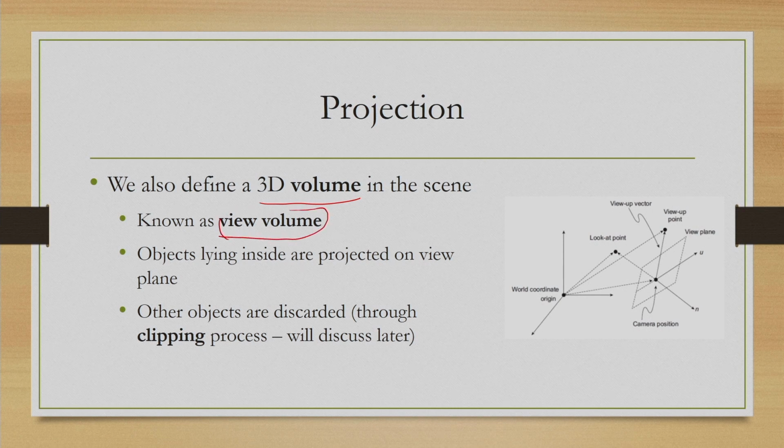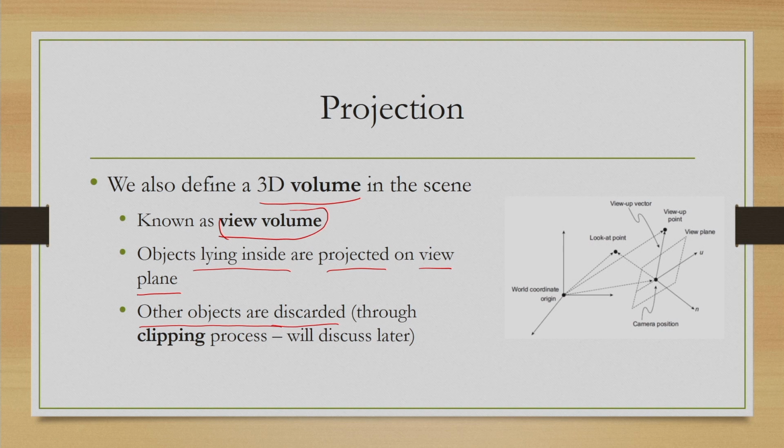Now, this view volume is our way of specifying which objects we need to project on the clipping window. Whichever objects are lying inside this view volume are projected on the view plane, more specifically on the clipping window, and other objects that are outside are discarded.